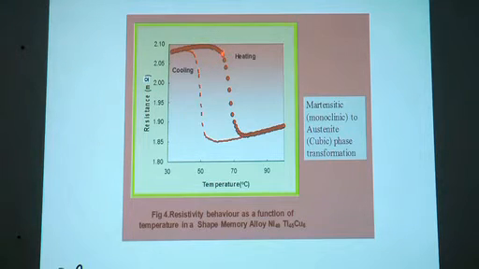You see that the martensite to austenite transition starts around 60 degrees and is completed around 70 degrees. While when cooling, this is the curve, the transition starts around 55 degrees and is complete around 45 degrees. It shows a very large hysteresis.